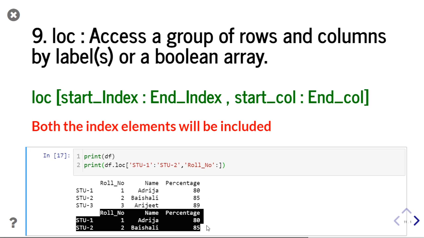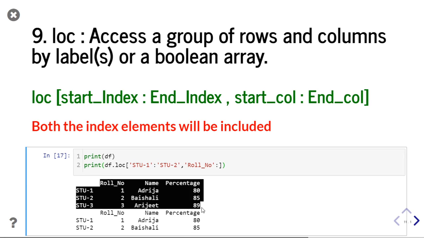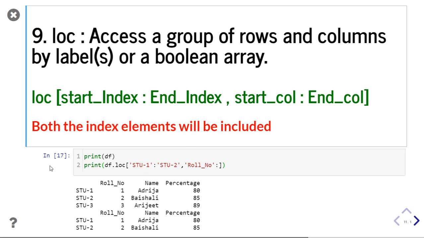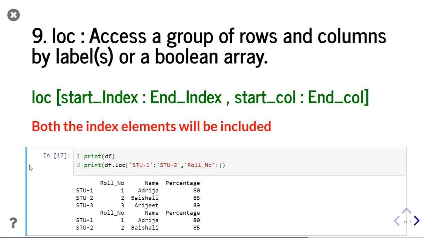So let us see what is happening. So it is starting from student 1 up to student 2. You can see this red note here. This says that both the index elements will be included. Both the end values will be included if I use LOC. If I use column names, then both student 1 and student 2 will be included.